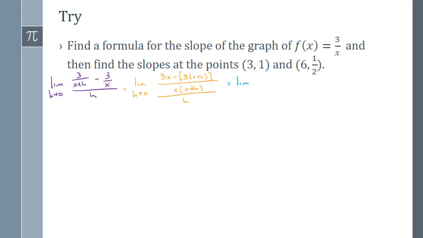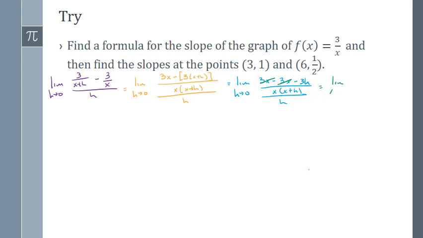Simplify the top. The limit as h goes to 0 of 3x minus 3x minus h over x times x plus h, all over h. The 3x's cancel.